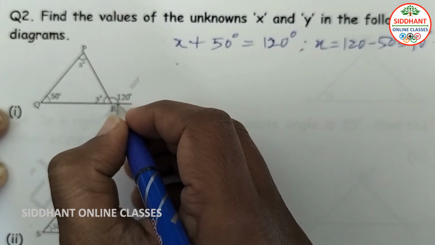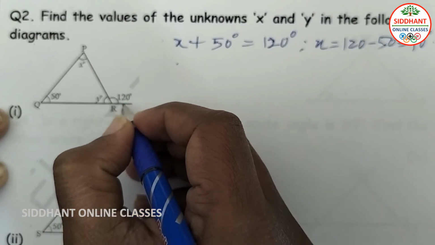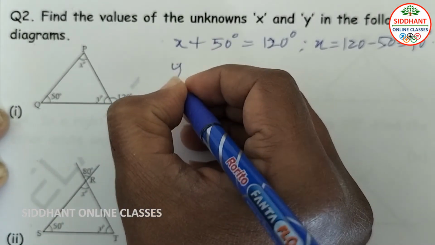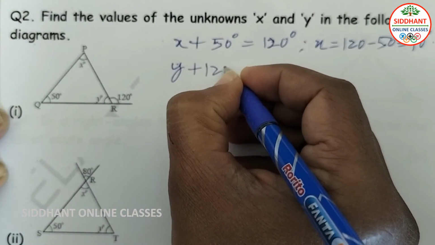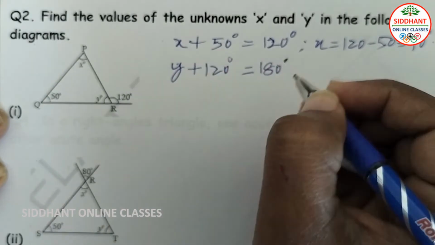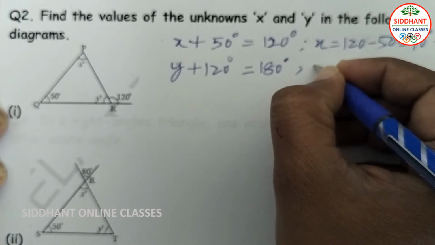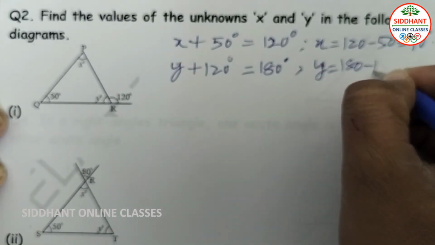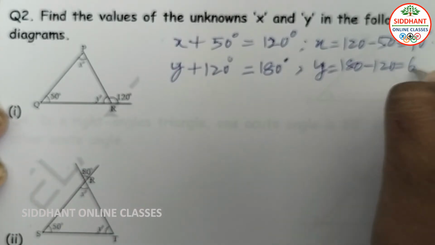And we know that y and 120 degrees, these are the linear pairs. That means y plus 120 degree, that equal to 180, and y is equal to 180 minus 120, that equal to 60 degrees here.